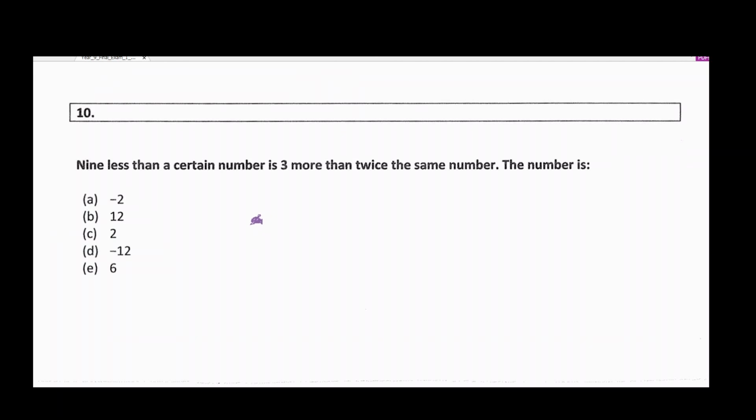Number 10. 9 less than a certain number is 3 more than twice the same number. The number is, so 9 less than a certain number, so a certain number n.